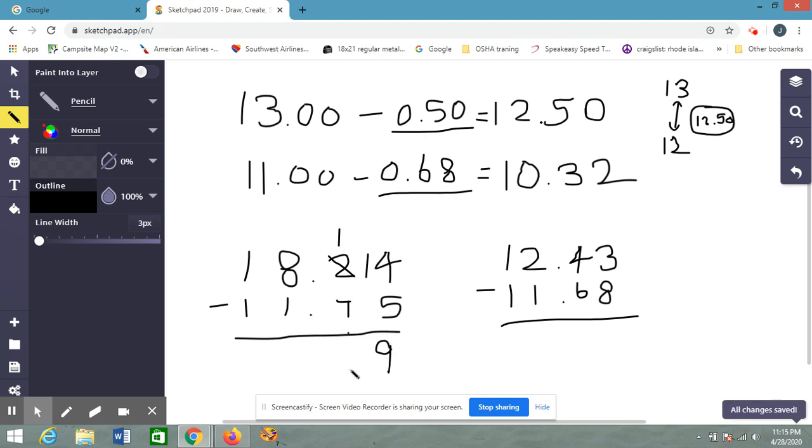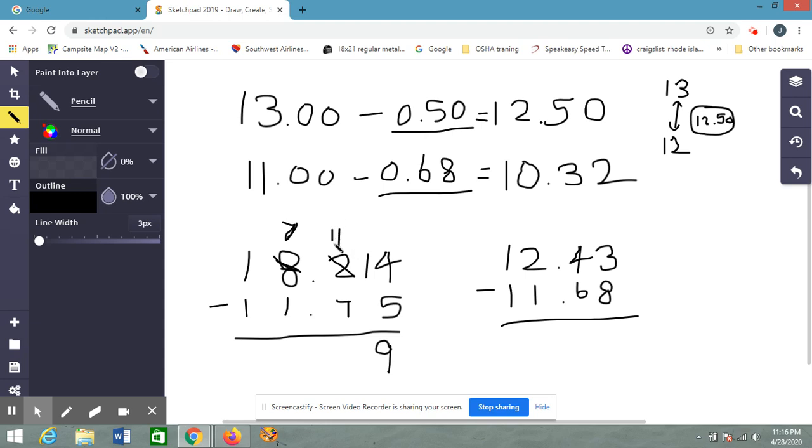1/10 minus 7/10. Can't do that, we've got to borrow again. So we took one of those ones, now we're taking from the ones place, and there's another 7 ones left. We're carrying that one over, and 1 whole is equal to 10 tenths. So it's like we added 10 tenths to this 1/10.